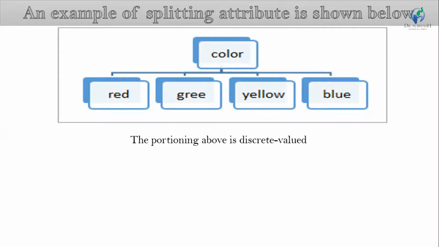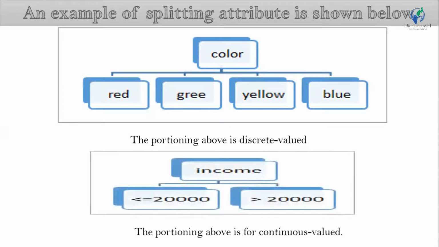Second, the partitioning is on a continuous value. For example, we have the attribute income, and it can divide into two branches: income less than or equal to 20,000, or greater than 20,000.